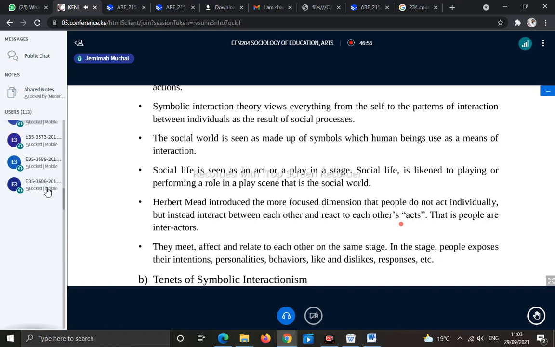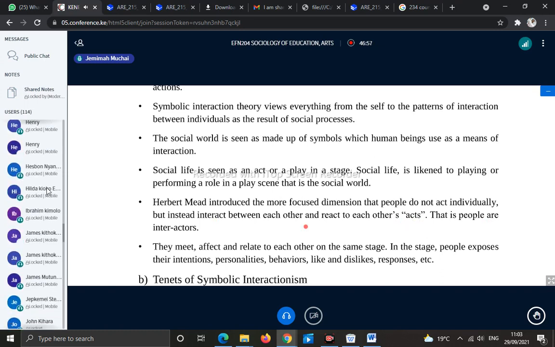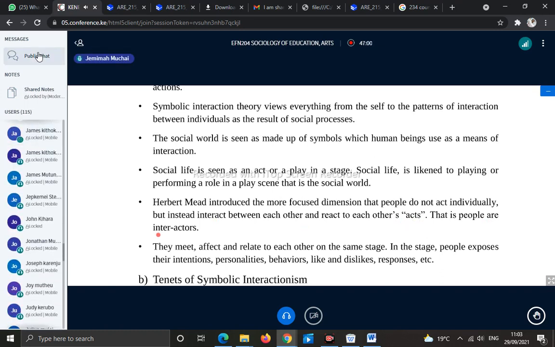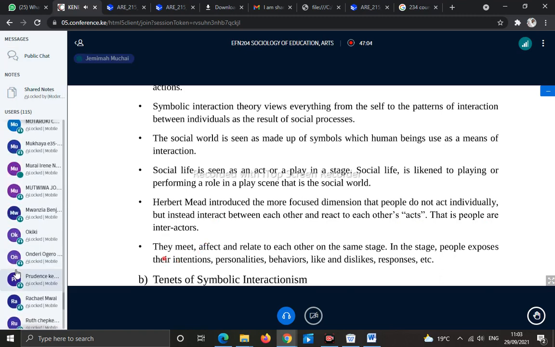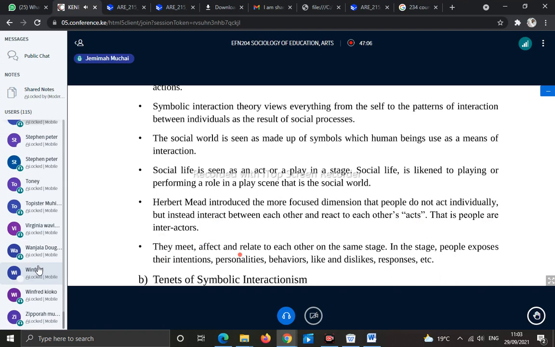That is, people are interactors. Inter means that we are acting with others. They meet, affect, and relate to each other on the same stage.